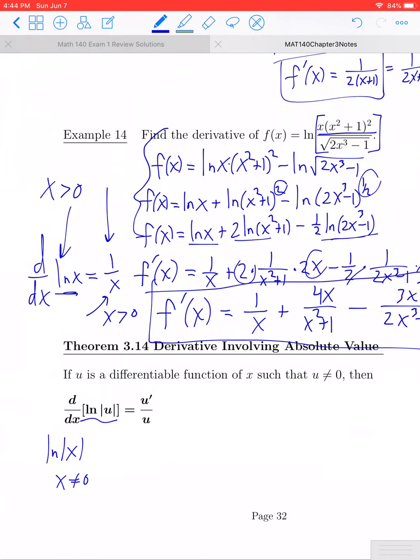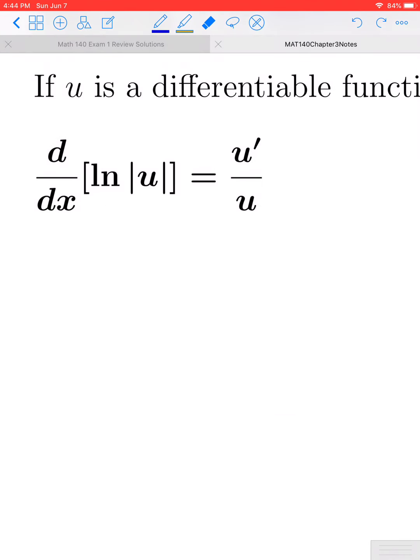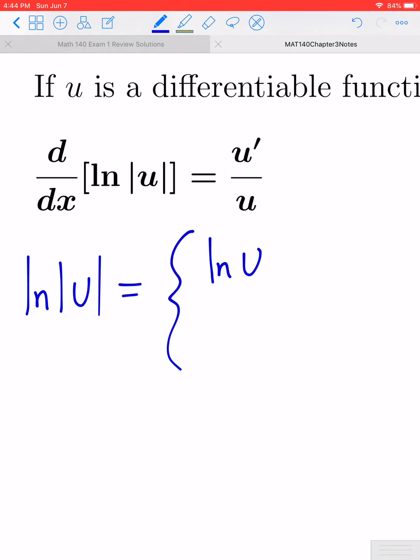So let's suppose that u is a differentiable function of x such that u is not equal to 0. Then the derivative of the ln of the absolute value of u is equal to u prime divided by u. If you wanted to see a proof of this, maybe I'll do it very quickly. The ln of the absolute value of u, recall that this is a piecewise defined function. This is going to be the ln of u when u is greater than 0, and the ln of negative u when u is less than 0.